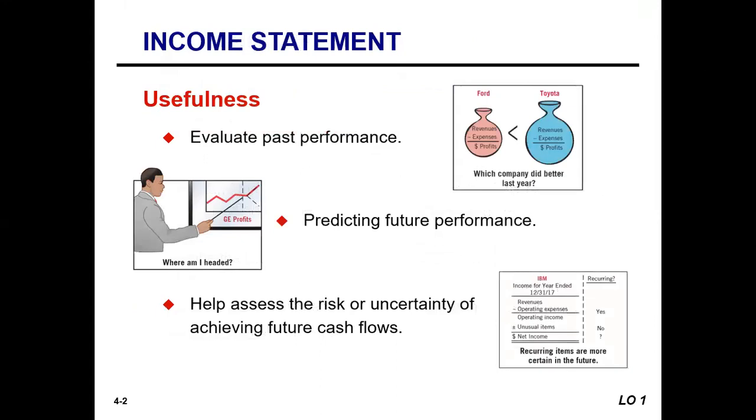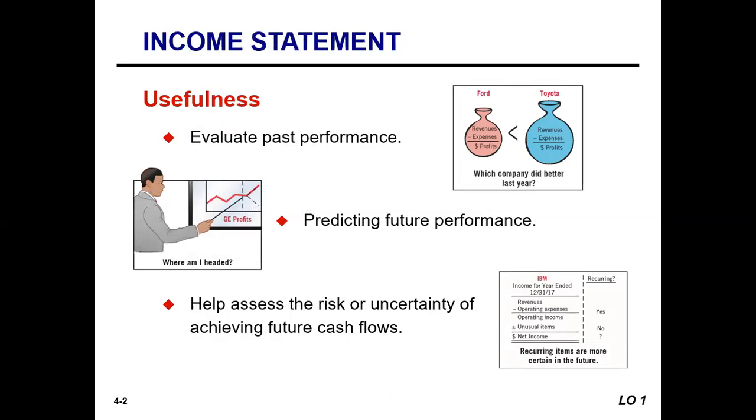So the usefulness of the income statement, I mean, obviously net income, we say, is the bottom line figure. When we talk about financial information, if someone says, what's the bottom line, right? They're talking about net income on the income statement. So it is useful in that it evaluates our past performance.